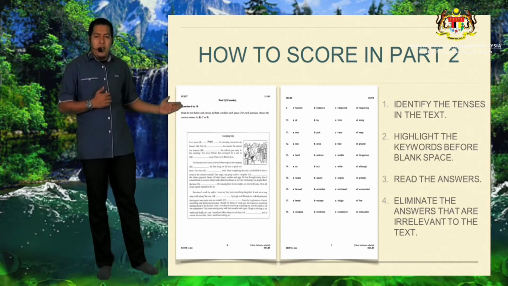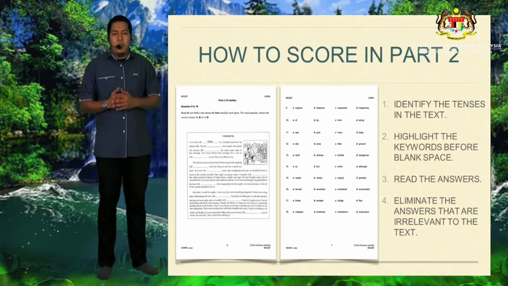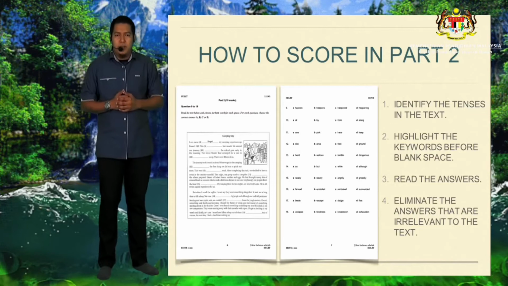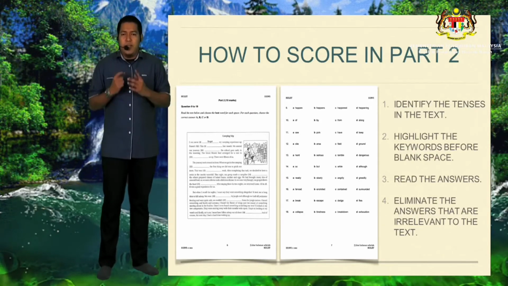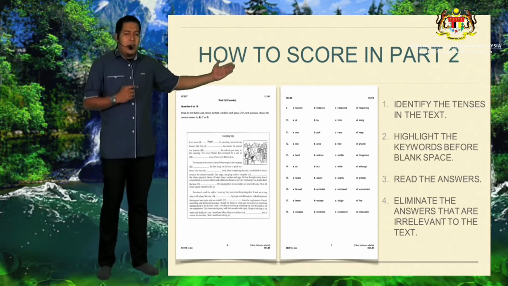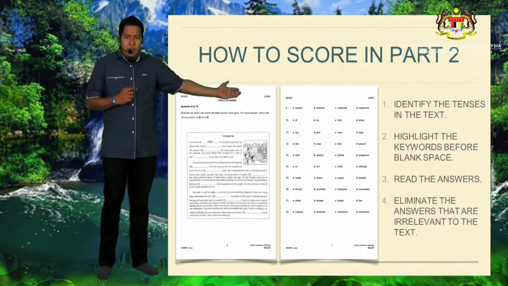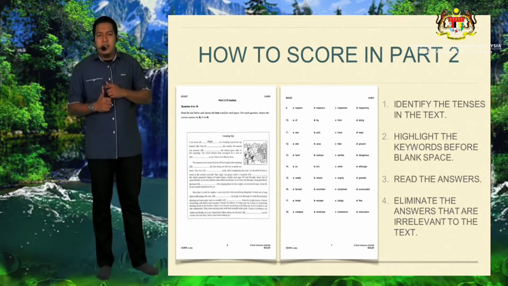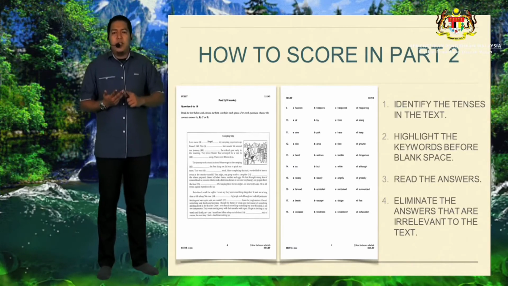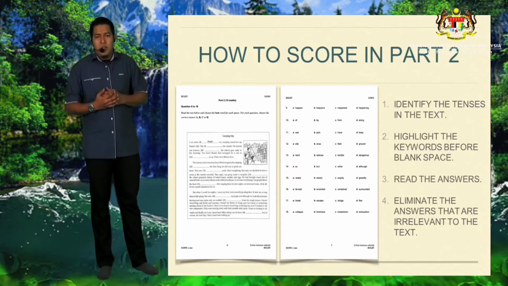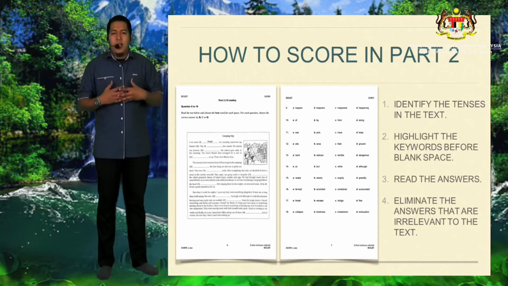If you can highlight the keywords here, it is possible for you to get full marks. But how to score in part 2? First, please identify the sentences in the text, whether they are present tense, past tense, past continuous, future tense, and so on. It will help you to know the tenses and the possible answers.